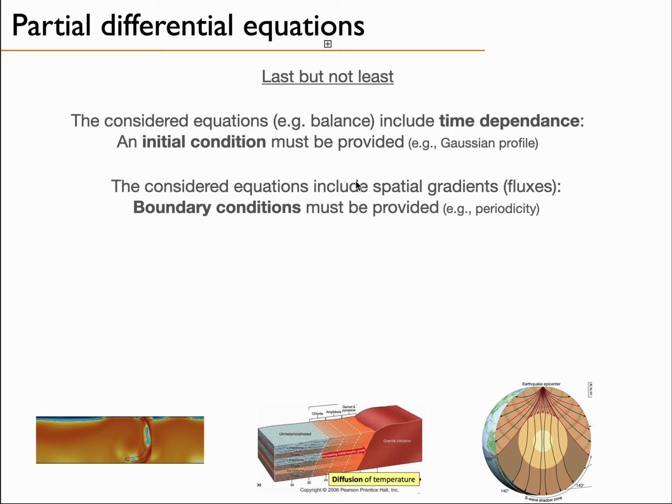Also, the equations we use, for example, when we compute a flux, include spatial gradients. So we need boundary conditions to solve for the spatial gradients. We need to know what is the value of either the field C or the flux of C at the side of the box. And in the exercise, we are going to set a periodic boundary condition.